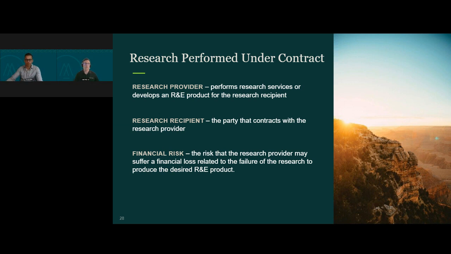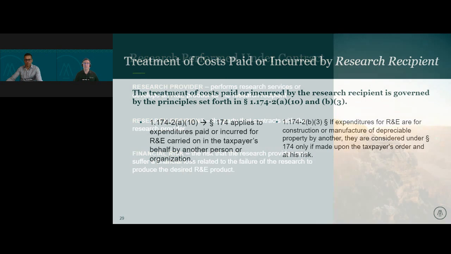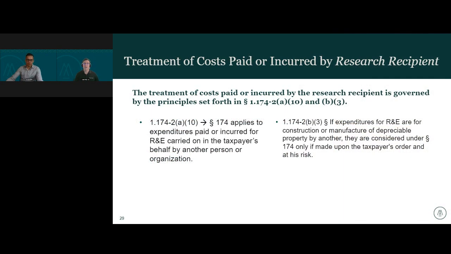So starting with the research recipient analysis, this treatment for the costs paid or incurred by the research recipient is governed by the existing principles in the 174 regulations. So we're going to be looking at the -2A section of the 174 regulations, where we know that 174 applies to expenditures paid or incurred for R&E performed by another entity on the taxpayer's behalf.